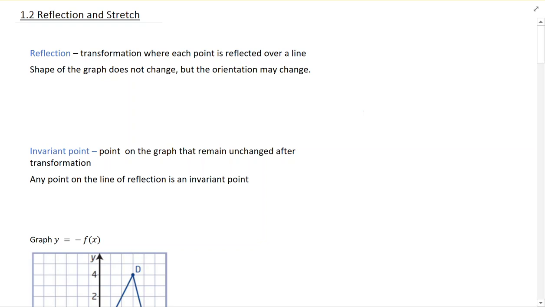Specifically, at least in this section, the lines that we're talking about are going to be the x-axis and the y-axis. These are the two lines that you will be reflecting over. So what that may look like is we have our graph with some shape like that.